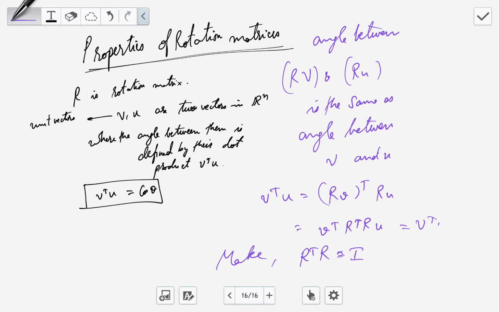This will become V transpose U. Do you see that? So the angle is preserved. If R is a rotation matrix, if R is chosen in this way, then the angle is preserved.